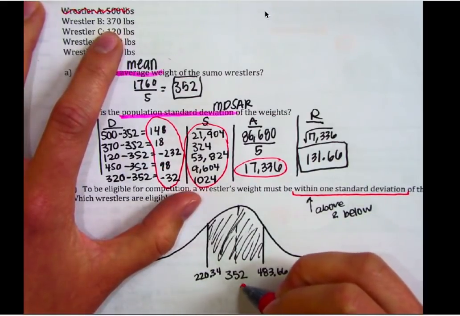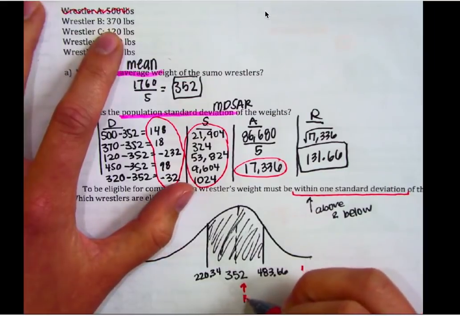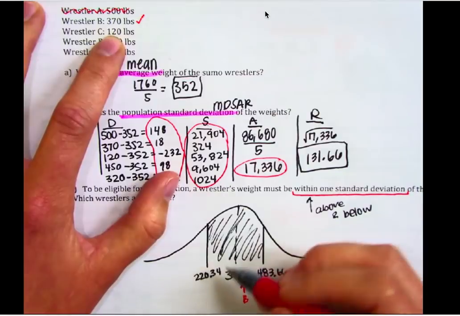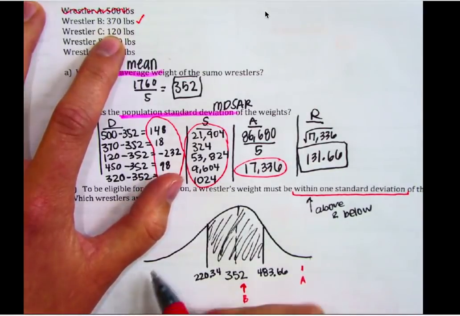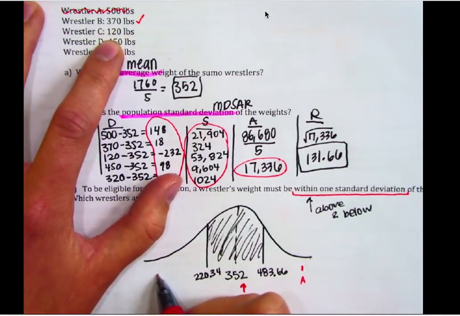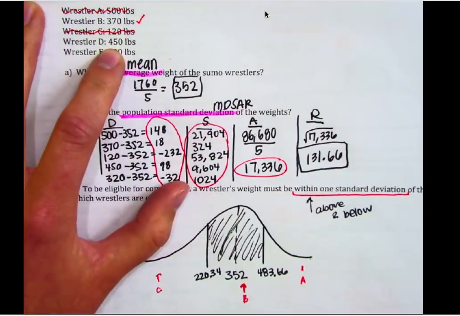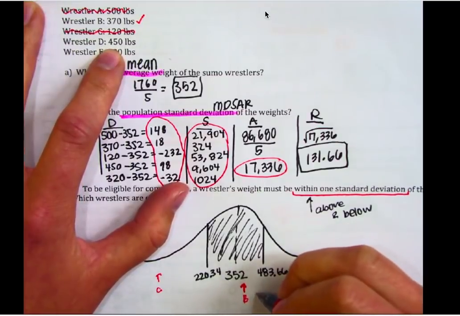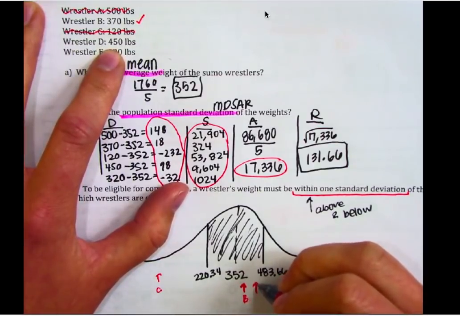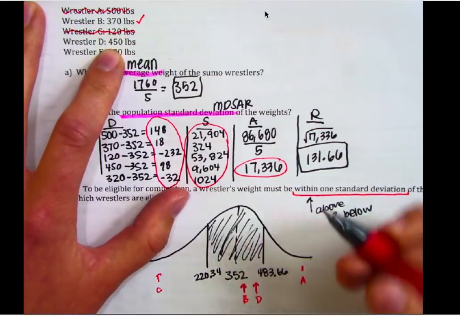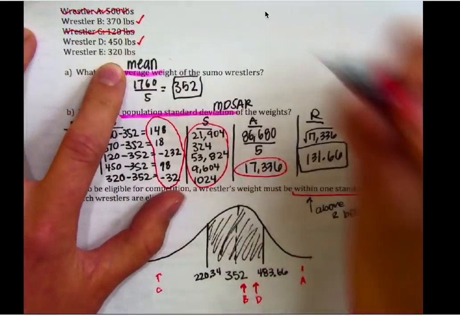So somewhere over here is going to be wrestler B. So wrestler B will be eligible. 120 pounds is going to be over here somewhere for wrestler C. So wrestler C is not eligible. 450 pounds falls somewhere over here. 450 pounds for wrestler D, so he falls within 1 standard deviation. He is going to be eligible.